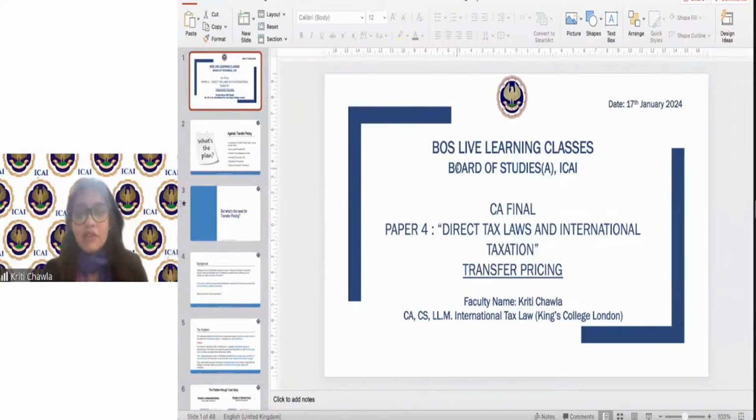I started practicing way back in 2015 after I completed my LLM in international tax law, and thereafter it's been a long journey of practicing only transfer pricing. I've written books on transfer pricing, and I'm very excited and passionate about this subject. Hence, the topic for today happens to be transfer pricing.